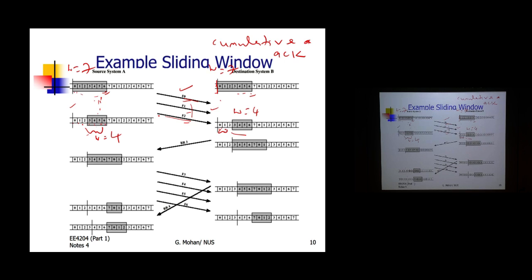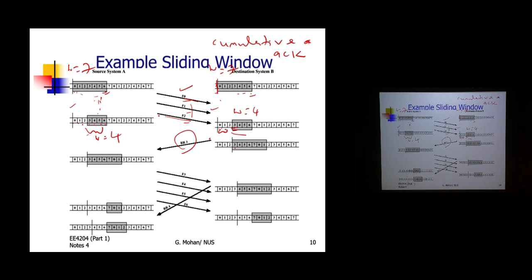Okay. Now it transmits at this time an acknowledgement RR3. RR3 is a cumulative acknowledgement. That means receiver ready to receive frame number 3 onwards. That's what it says.